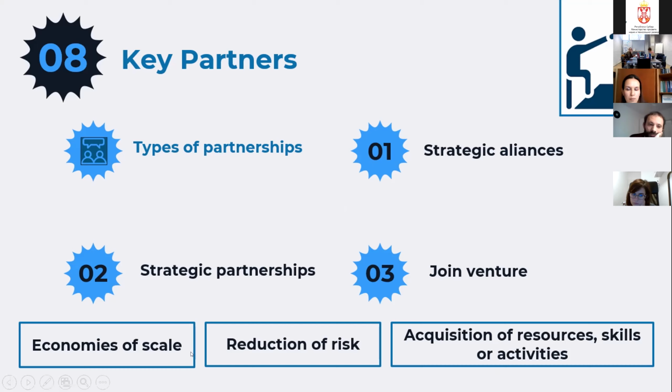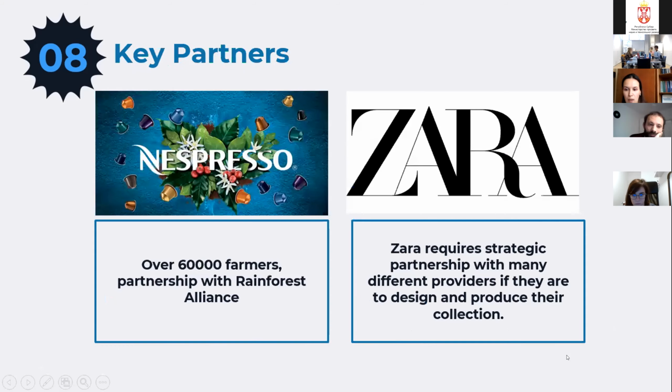Economies of scale, that means sharing resources and infrastructure. We can work with our partners in order to reduce the risk of our business, or to acquire necessary resources, skills, or activities.